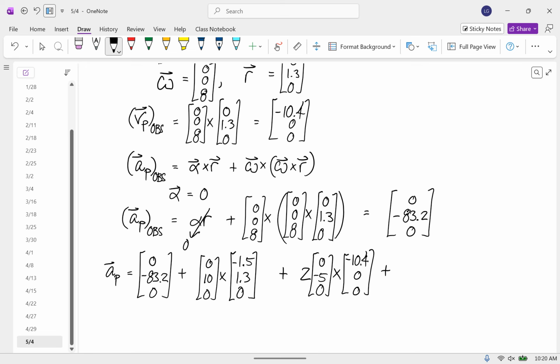And then plus capital omega, 0, negative 5, 0, crossed with the quantity 0, negative 5, 0, crossed with p, which is negative 1.5, positive 1.3, 0.